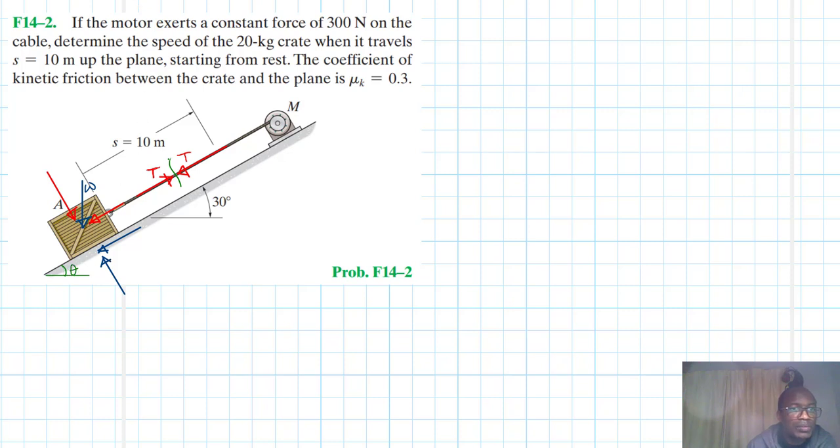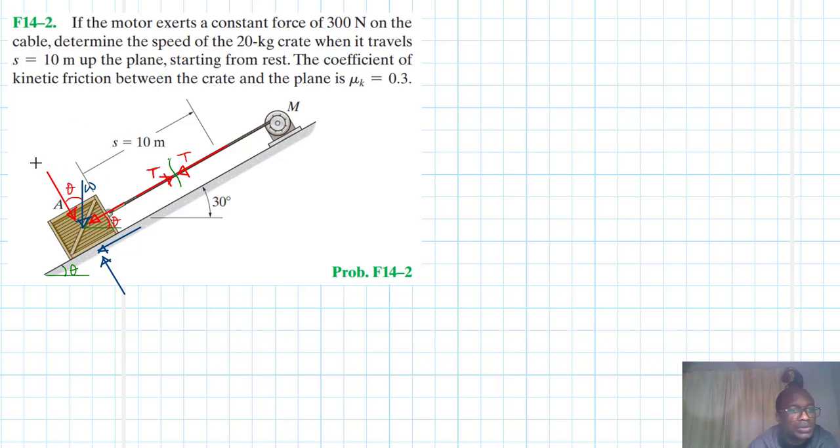If this is theta, we also know that this angle here is theta. If that is theta, this becomes 90 minus theta, and therefore this is theta.